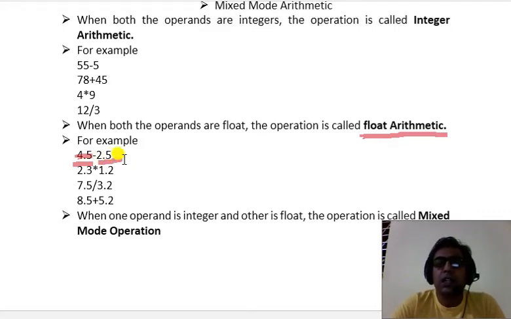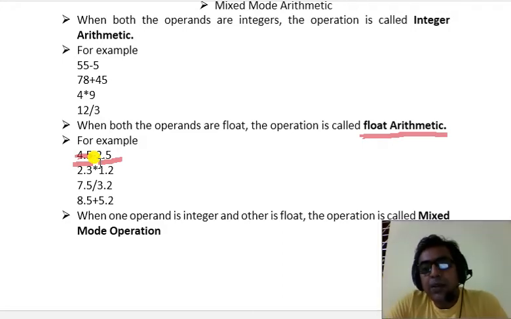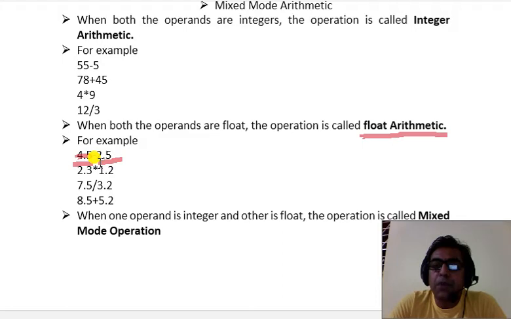In this example, I have written 4.5 minus 2.5. So 4.5 is a float number or real number. 2.5 is also a float number or real number. Means I am performing the operations on float numbers. So this operation is called as the float arithmetic operation. Now mixed mode operation.